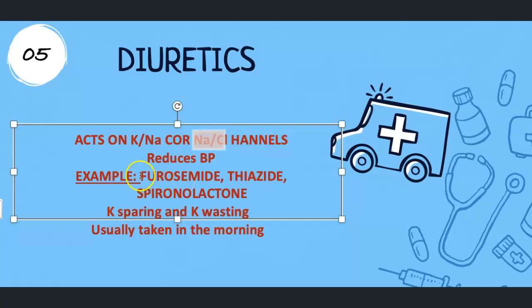Furosemide and thiazide are examples of potassium wasting diuretics, and spironolactone is called a potassium sparing diuretic. Mainly what these medications do is get rid of sodium, and by getting rid of sodium, we are getting rid of water from the body, so we are dropping the blood pressure.